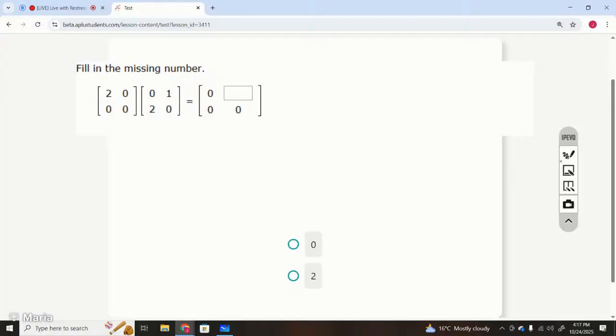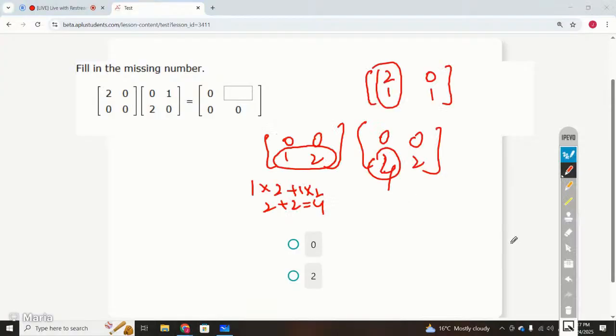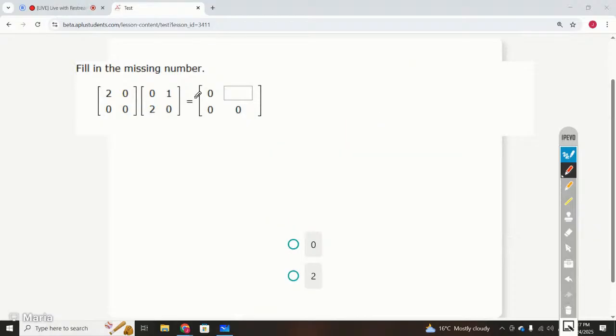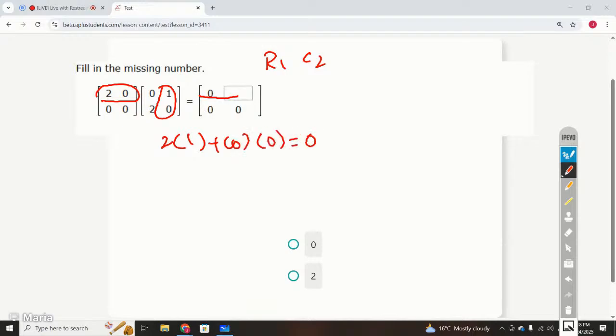Fill in the missing number. So the missing one is in the first row, second column. Row 1 from here and column 2 from here. 2 times 1 is 2, plus 0 times 0 is 0.